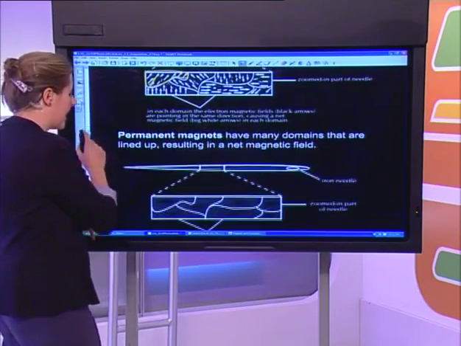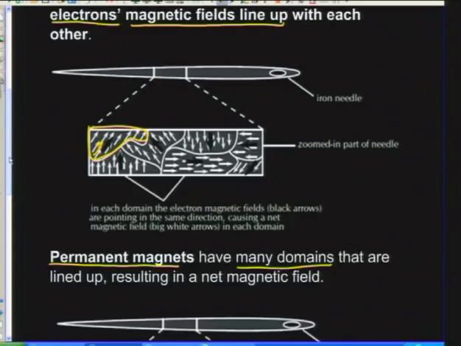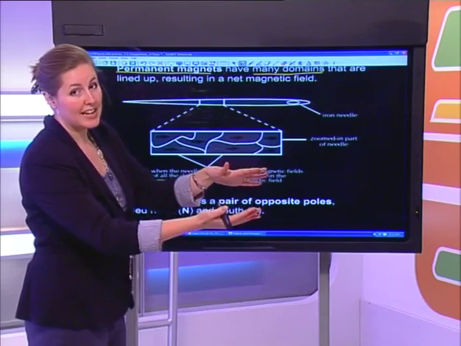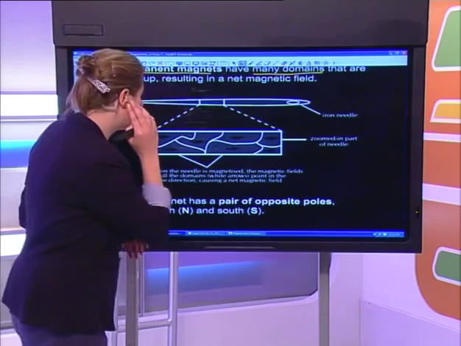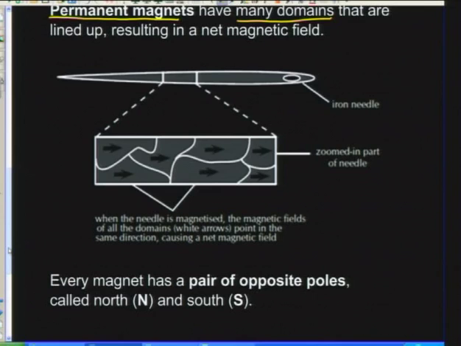Then you also have what we call permanent magnets, which have all their domains lined up. So now that iron needle has been magnetized and all the domains are lined up in the same direction, not haphazardly, but now there's an even stronger overall magnetic field. Notice that that is a zoomed in picture of the little iron needle.